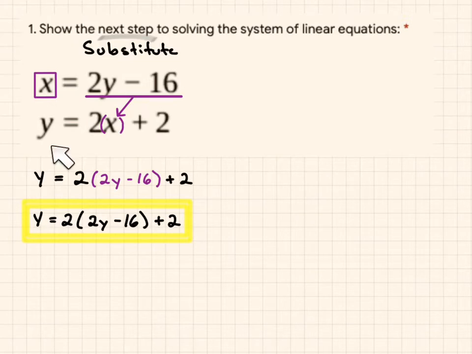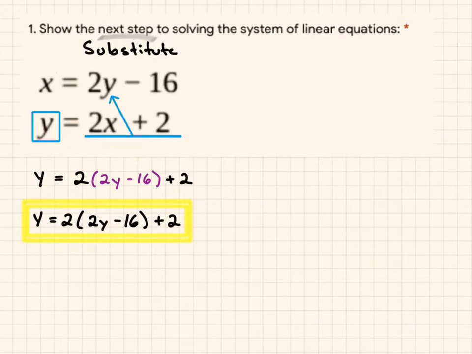I could have also replaced y, so y is by itself as well. Another possible answer to this problem would be replacing y in this equation with 2x plus 2. So I could have taken 2x plus 2 and replaced y with it. That looks like this.